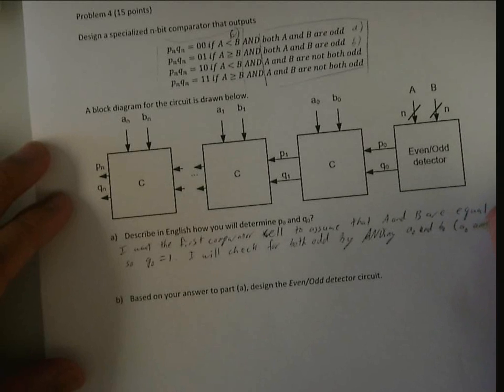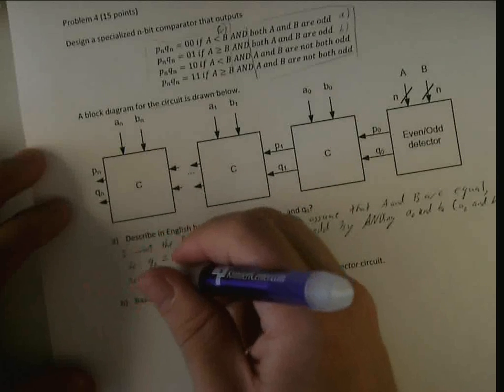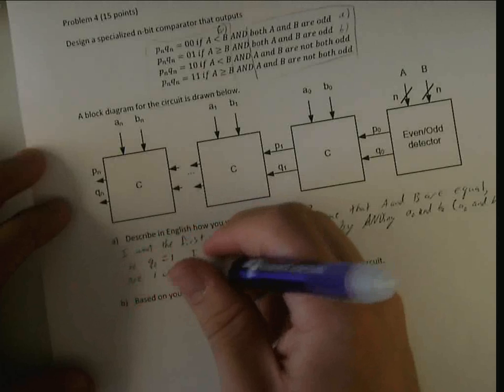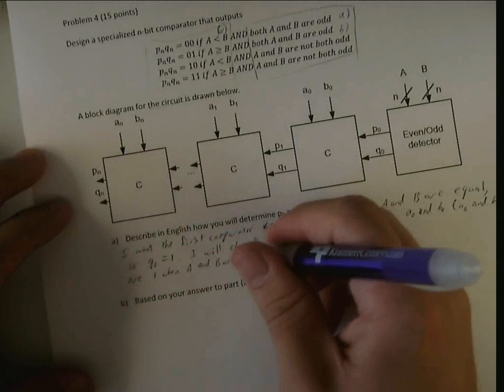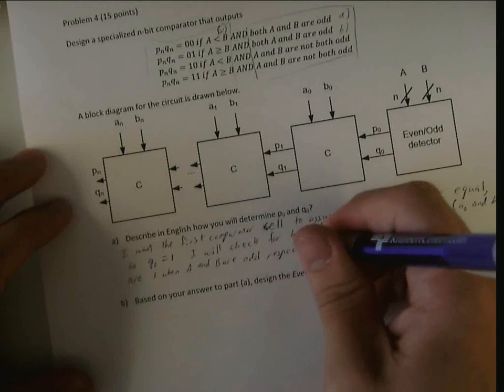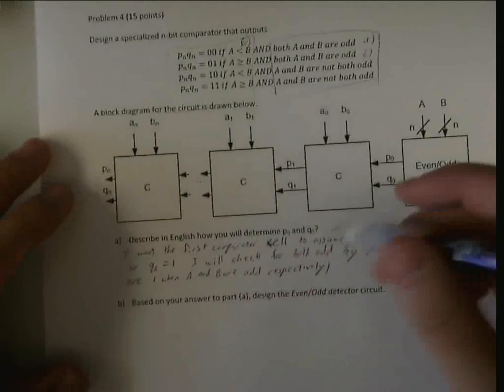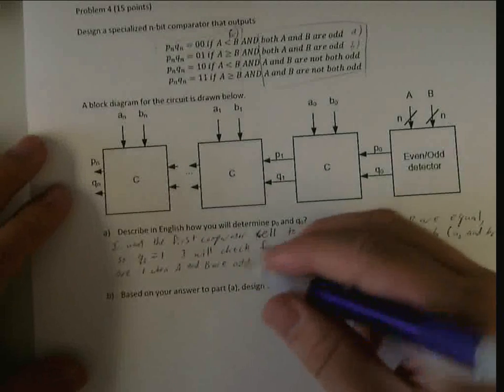A0 and B0 are 1 when A and B are odd, respectively. Both odd by ANDing A0 and B0, A and B are 1 when A and B are odd.